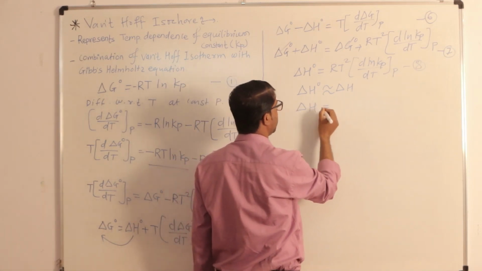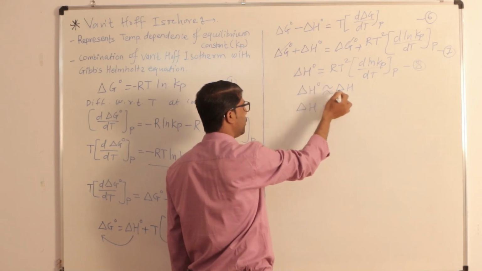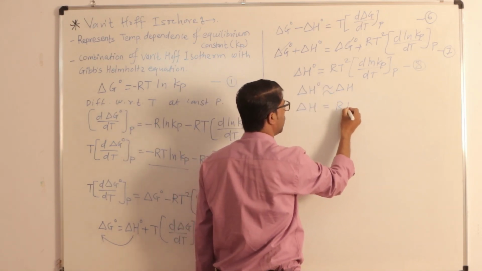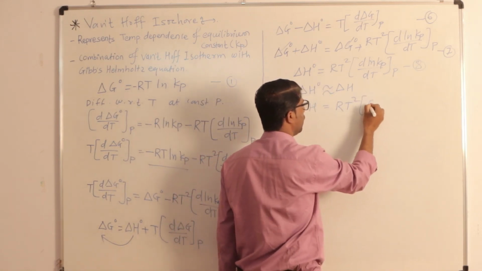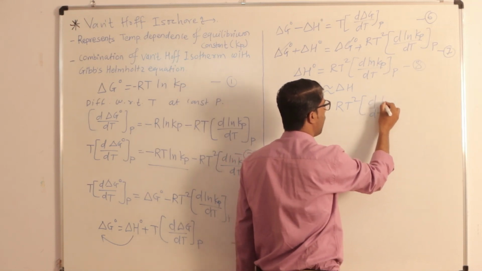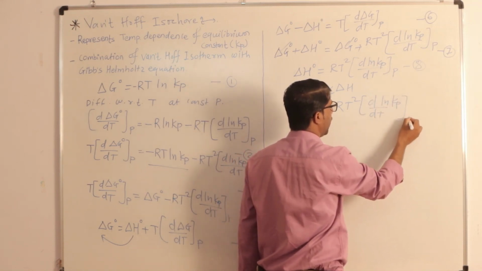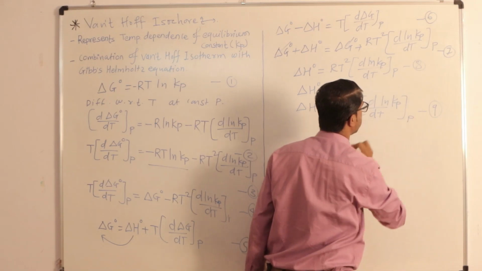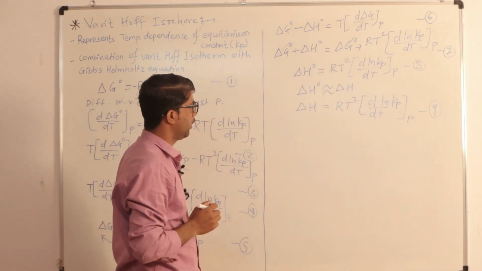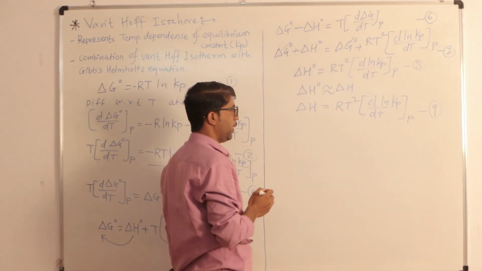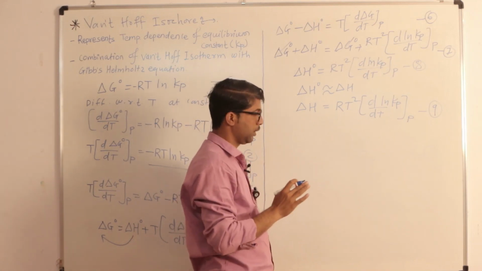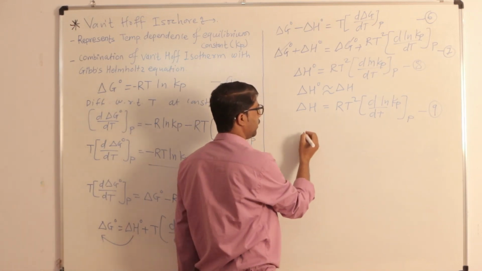So in the next step I am going to replace this term with delta H, which is equal to RT square d by dt of ln Kp at constant pressure. Let's say it is equation number 9. In the next step, I am going to just rearrange this equation.